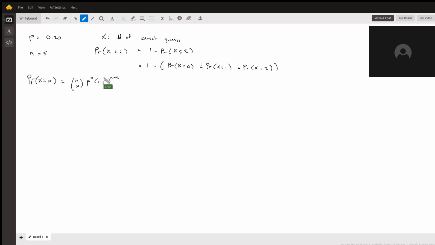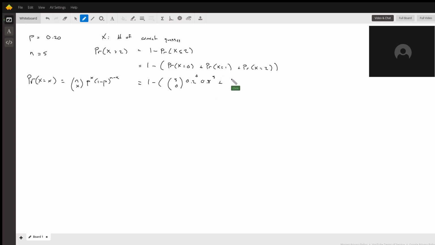Okay? So if we use this formula for the binomial distribution, we can plug that into our expression over here and get at least a numerical form for what this is going to be. So the probability that X is equal to 0 is, n here is 5, 5 choose 0 times 0.2 to the 0 times 0.8 to the 5, 0.8 just being 1 minus 0.2.